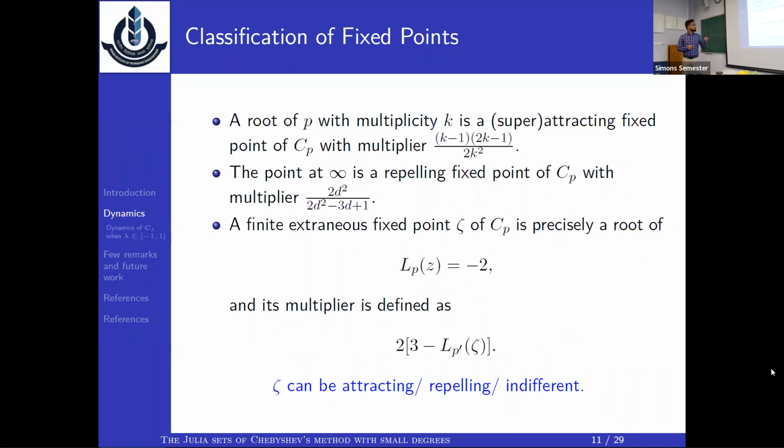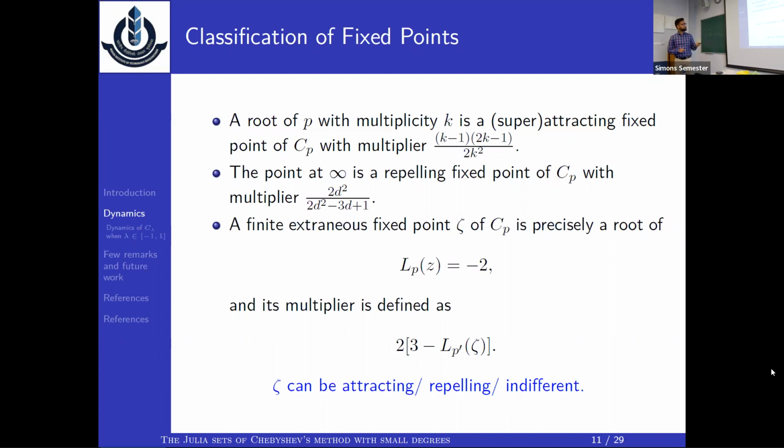And there are finite fixed points of CP which are actually not roots of P. This type of fixed point is known as an extraneous fixed point, and CP has extraneous fixed points.